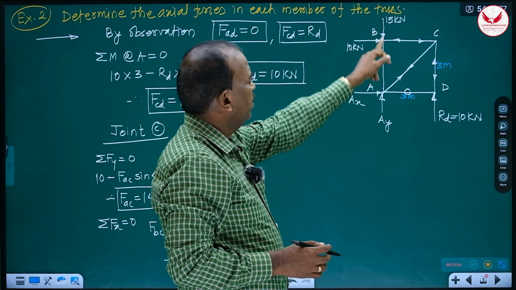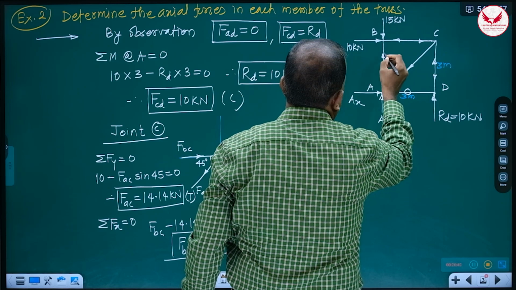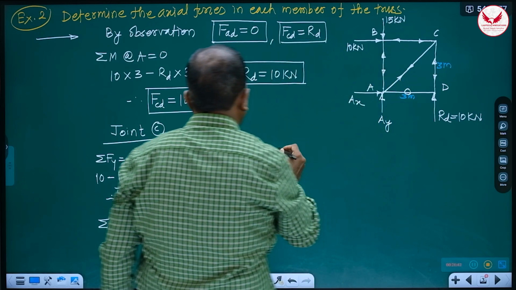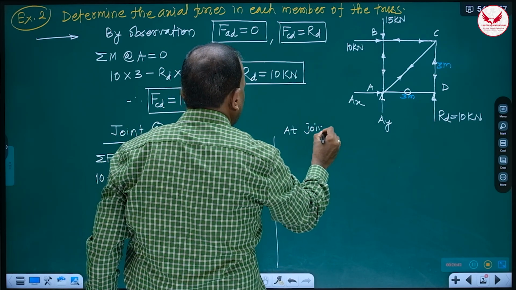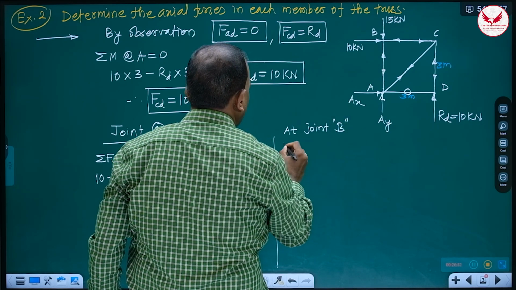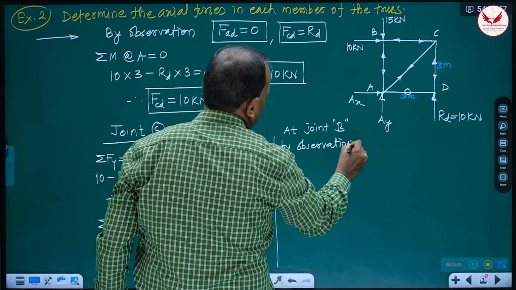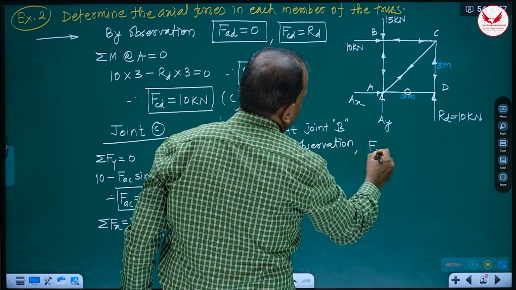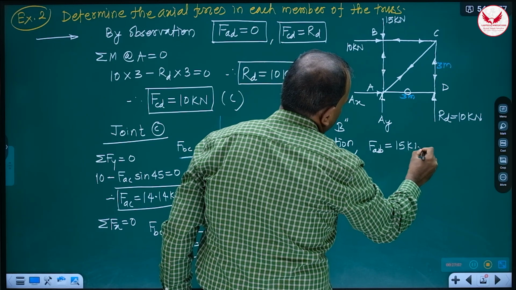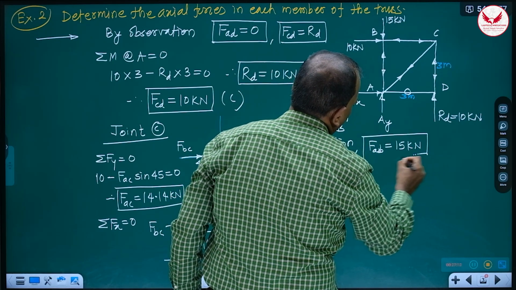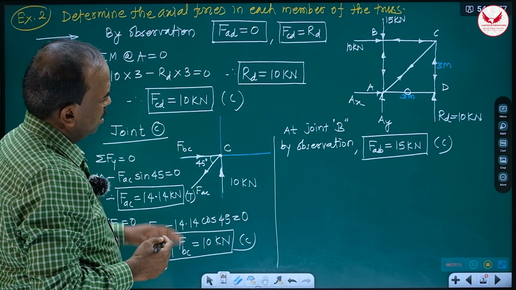So if it is 15, means by observation itself, it should be upward, means towards the joint compressive, and simply you can write at joint B by observation only. By observation, FAB is equal to 15 kilonewton towards joint means compression. Means like this, easily we can get the 5 answers.